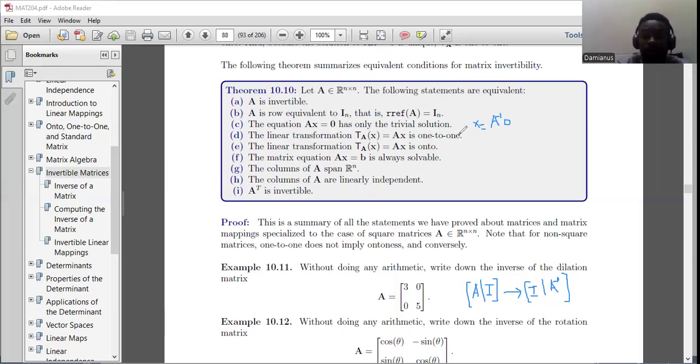Now, let me just say something about this one-to-oneness and onto-ness. Let me talk from the perspective of functions. When we talk about a function, let's say f, we say f is 1-to-1 if f of x equals f of y implies that x equals y.